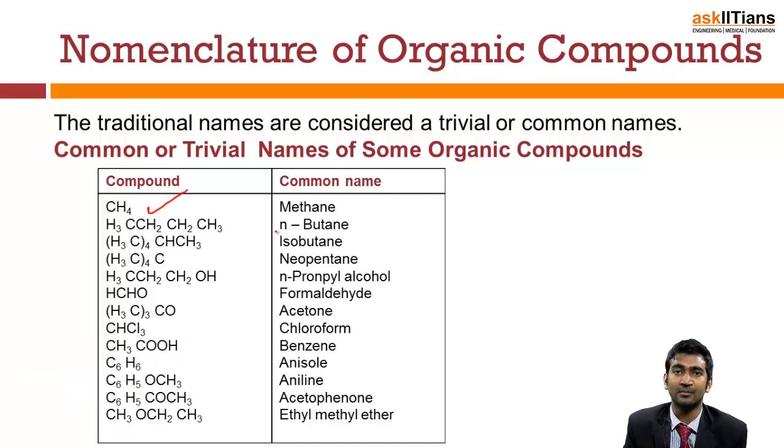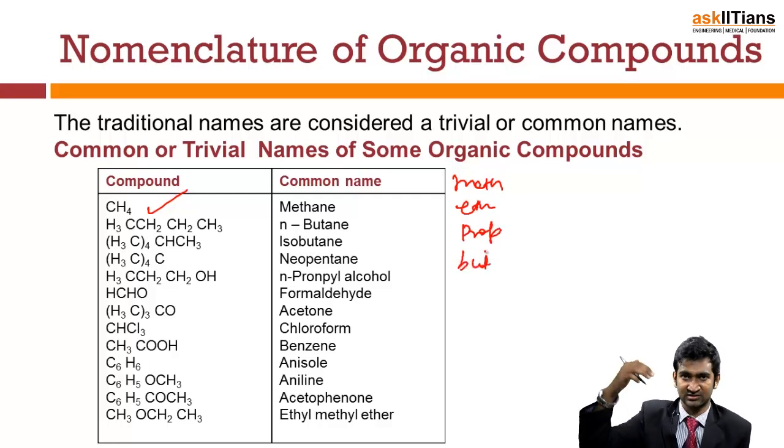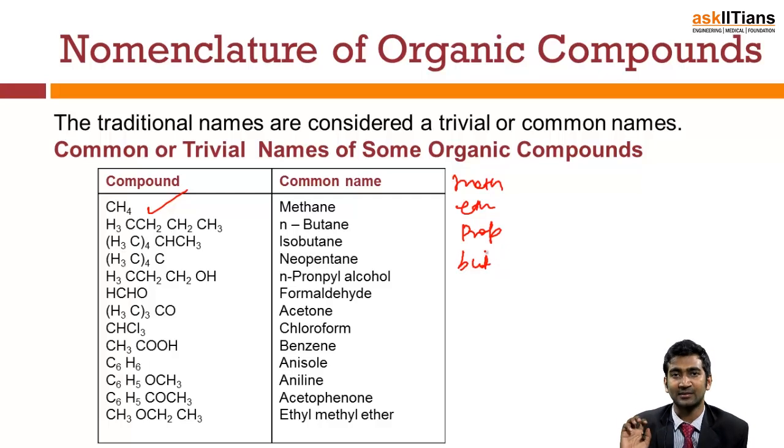Then this is n-butane. So you should know what is my meth, what is my eth, what is my prop, what is my but. These are just based upon the number of carbon atoms. If I have one carbon atom, that is my methane. If I have two carbon atoms, eth, not ethane right now because that is a specific alkane.